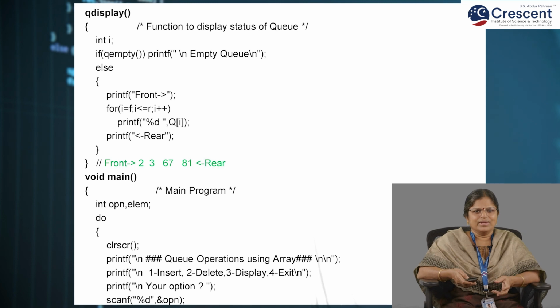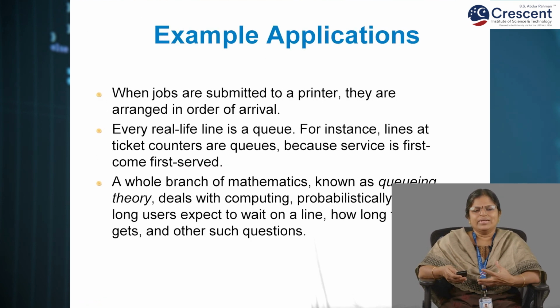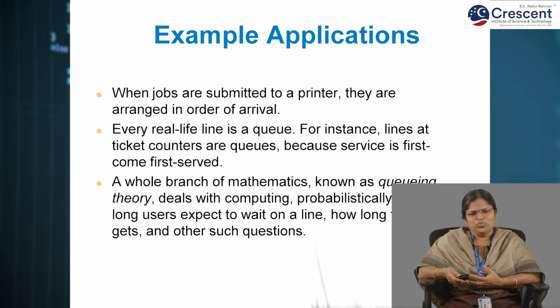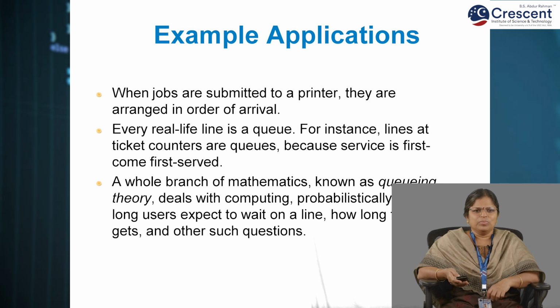In real life, we wait in a queue, for example, to get a ticket at the ticket counter, right? Then many jobs are waiting in the printer queue for printing documents. For example, 5 jobs are waiting, and we allow one job after another to get the printout.